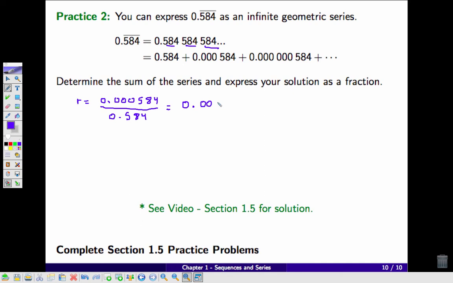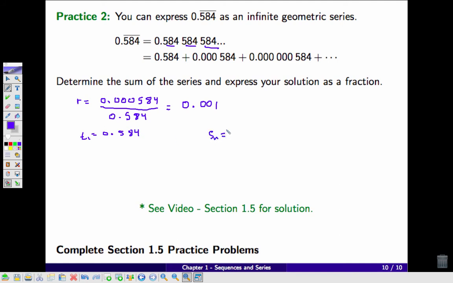You're always going to get an r value like this when you convert these things, by the nature of the division. This is clearly less than 1 and clearly greater than -1, so this exists. T1 here is 0.584.